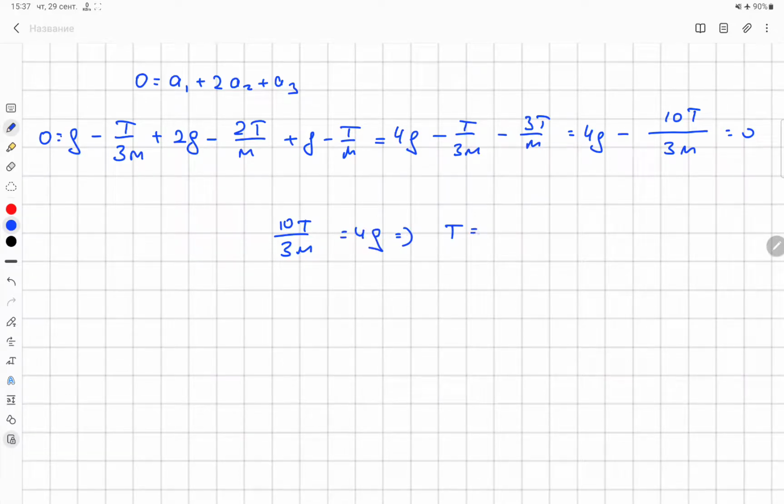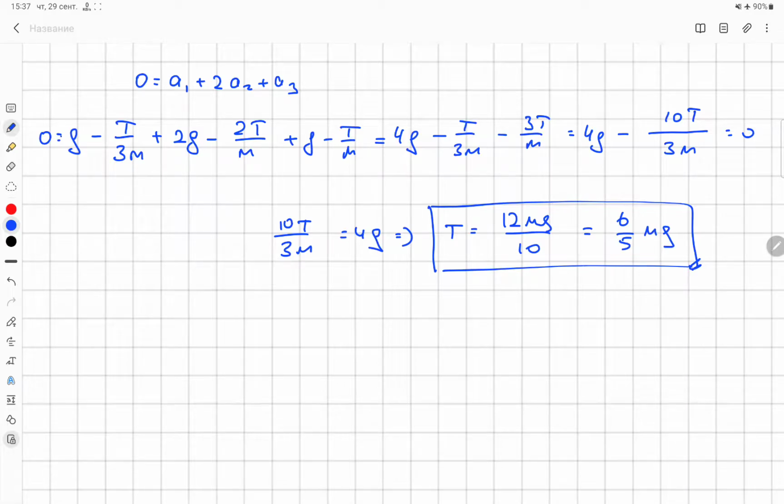From here, tension equals 12mg over 10, or we can say 6 over 5 mg. Now we know the tension.